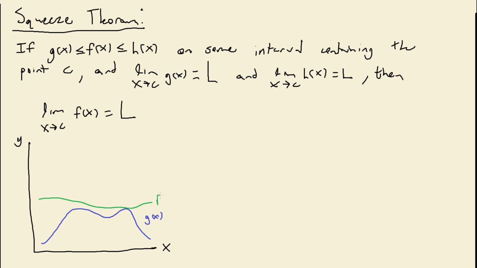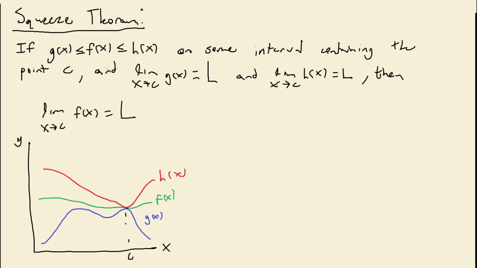We'll say that this is f of x, and then we'll draw our last function, h of x here, which is going to be up top. Maybe it comes down at some point. H of x, and this point here, where they all come together, is going to be the point C that we're talking about.